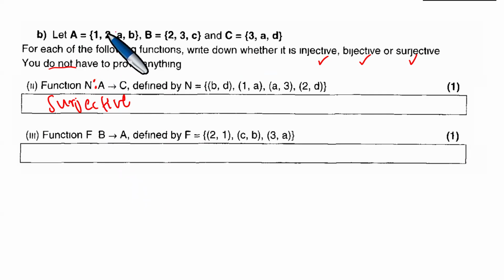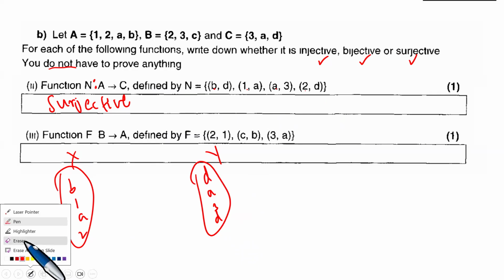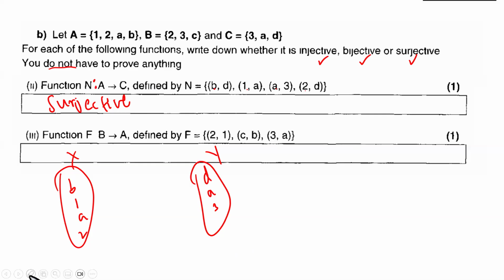If you look at the fact that A is that, B is that, and C is that, then B, 1, A, and 2 are all different. At this point, we have a set X and we have a set Y. D, A, 3, and D. D is occurring twice, so you can just put it once.